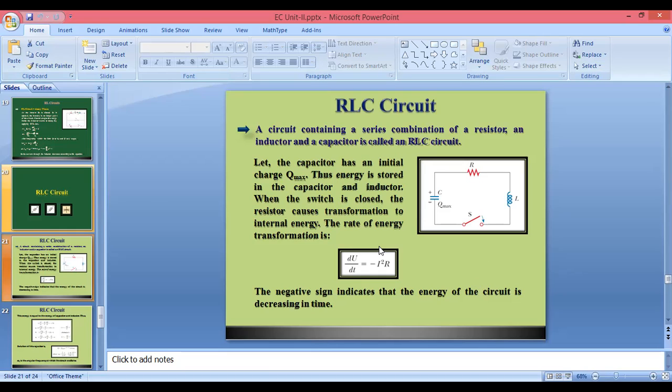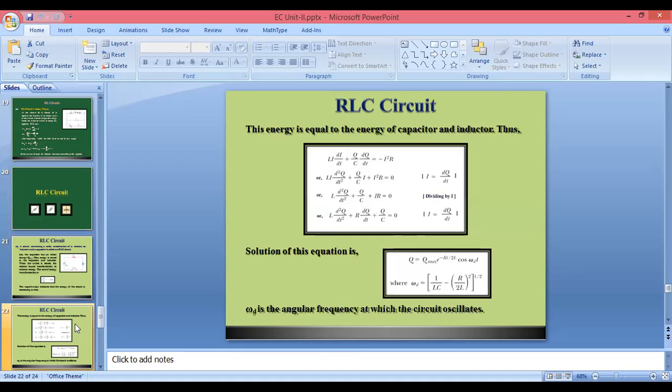So we can calculate I square R, but we know the value of energy will reduce with increase in time. So the negative sign indicates that the energy of the circuit decreases with increase in time. So we are taking the negative sign here.